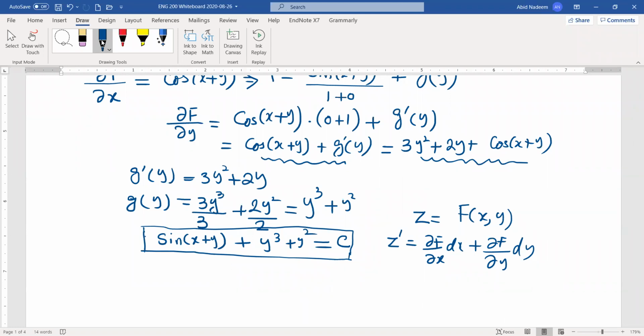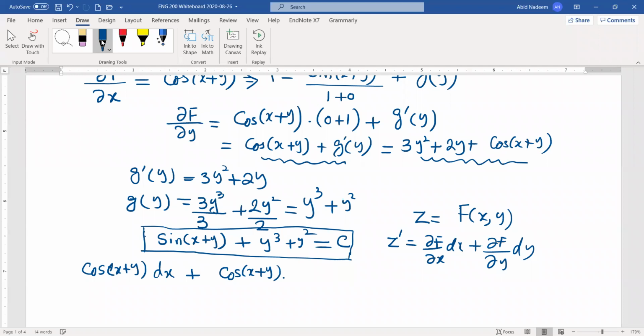So first we will differentiate it with respect to x. So it will be cosine of x plus y, and from the chain rule, the derivative of x will be 1, y will be 0, so it will remain just cosine of x plus y. And for y cube plus y square, it will be 0, so it will be dx. So partial f over partial x is simply cosine of x plus y, and then dx. And then second, we will differentiate it with respect to y. So it will be cosine of x plus y.